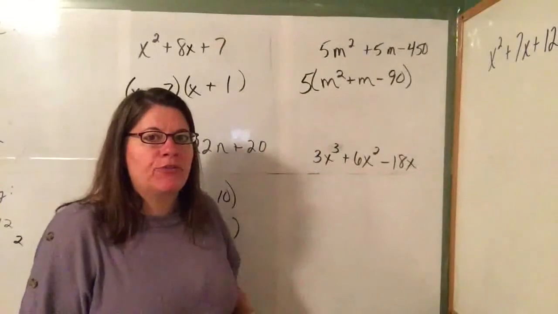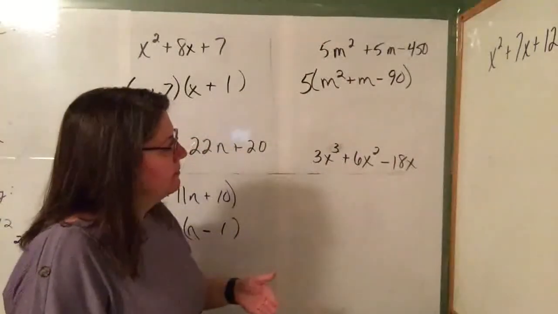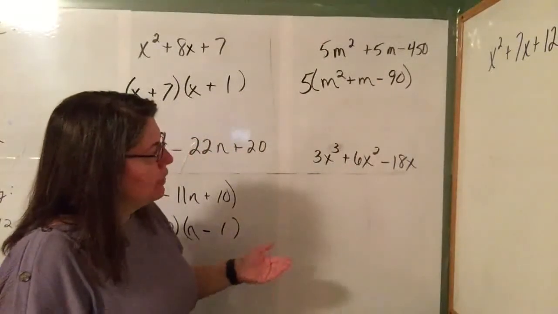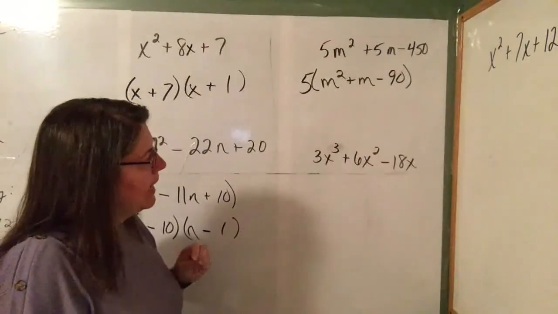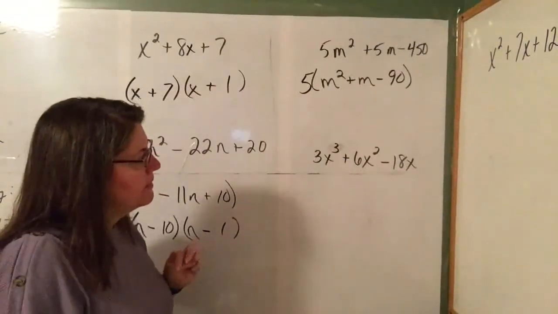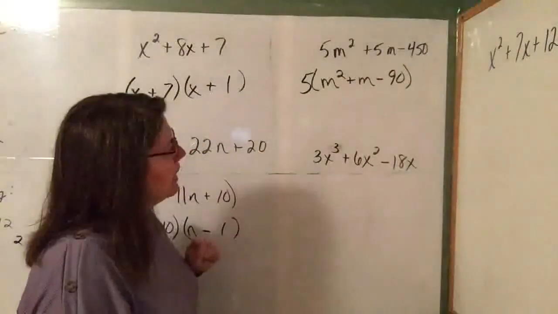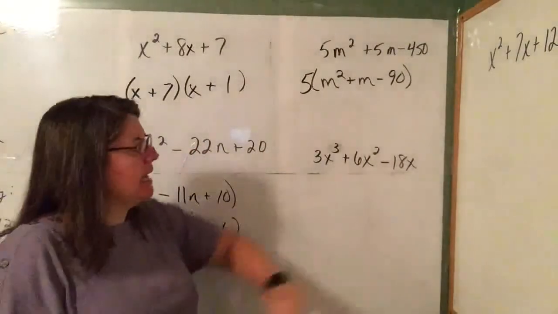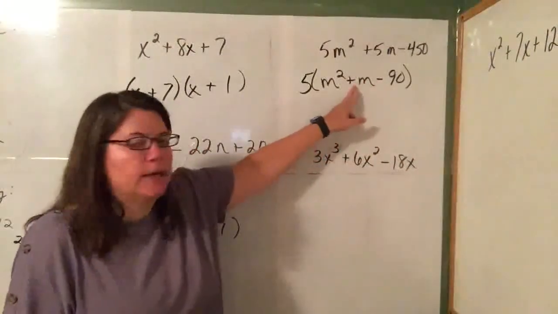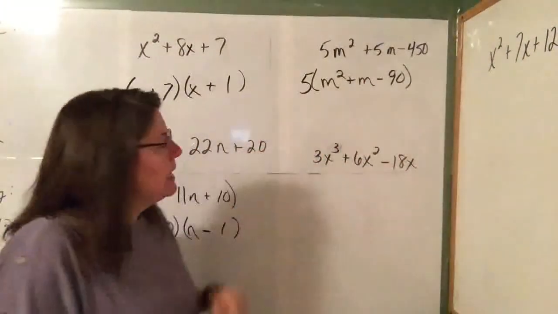Well, if you think about factors of 90, I've got 1 and 90, 2 and 45, 3 and 30, let's see, 5 and 18, 6 and 15, 9 and 10. So think about that. Of those factors that I mentioned, 9 and 10 will subtract to give me 1. So I can use 9 and 10 as my factors.